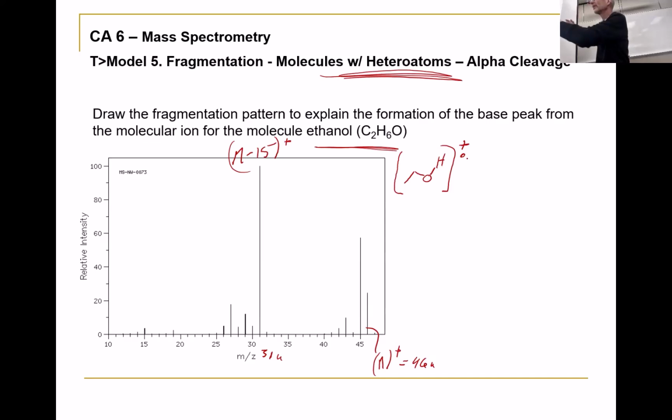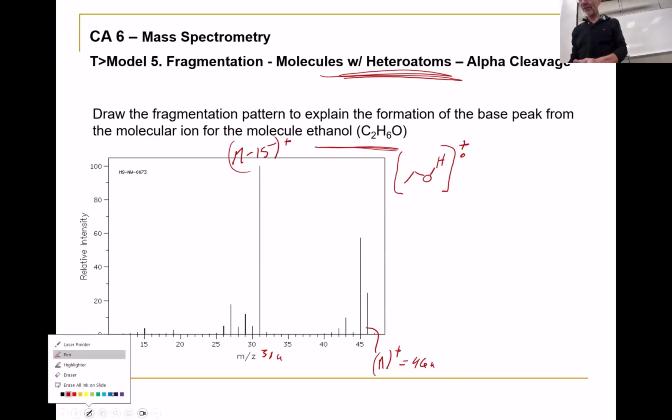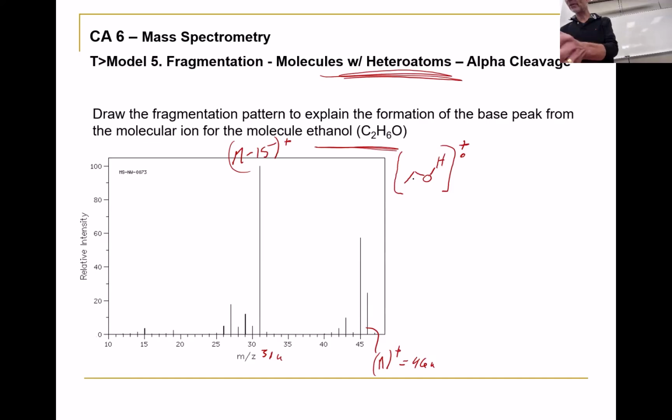I'm just saying generically, because that's what we've been doing so far for these fragmentation patterns. And as Beth commented, of course, we're losing a methyl group. And the only methyl group in this molecule would be losing this, right?